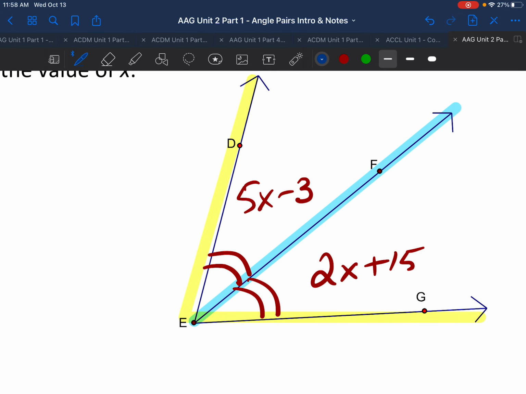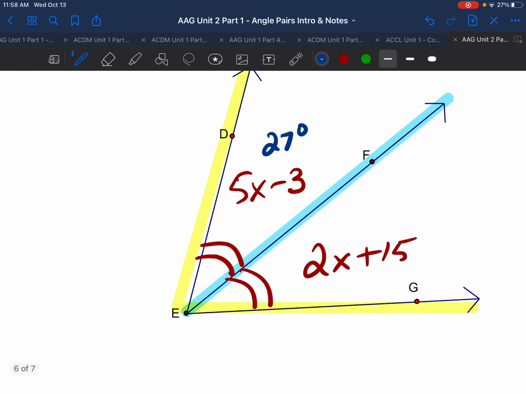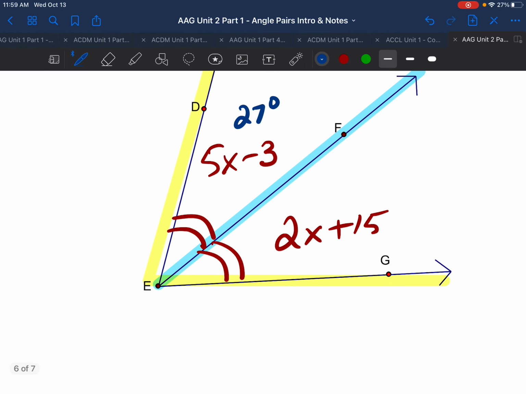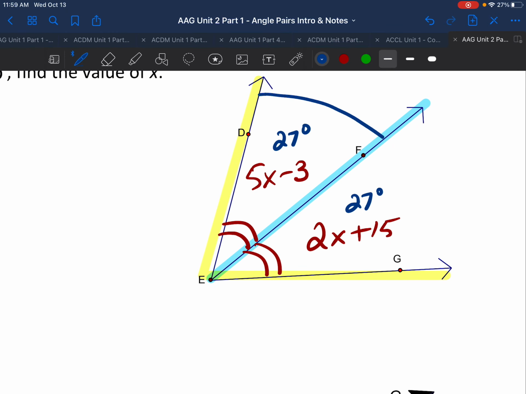So 5 times 6 is 30, minus 3 is 27 degrees. And 6 times 2 is 12, plus 15. Yeah, good. That gives us 27 degrees again. If they wanted the whole angle, hint, hint, for next homework, we would just take 27 times 2, which would be 54 degrees. All right, cool.